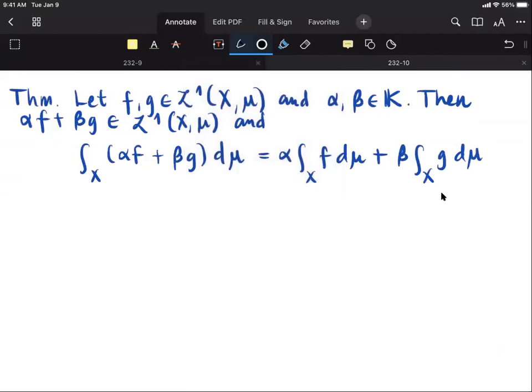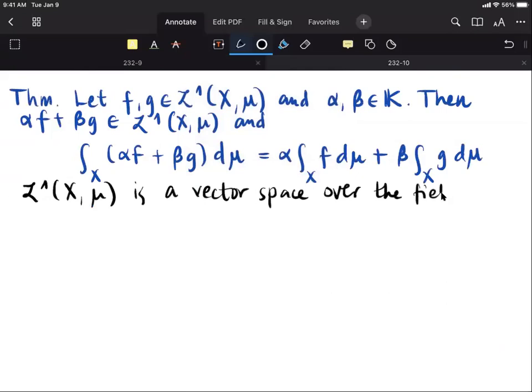So in particular, the space of Lebesgue integrable functions is a vector space over the field K, which is the field of scalars.